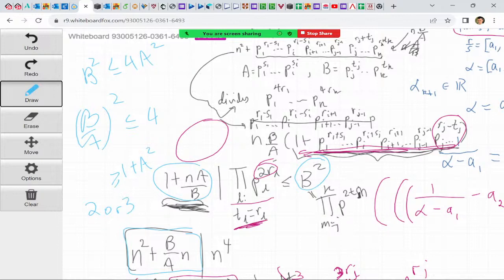So b squared is less than or equal to 4a squared. But then we're dealing with 1 plus a squared on this side. Wait, we're doing less than that. So 1 plus n a over b.